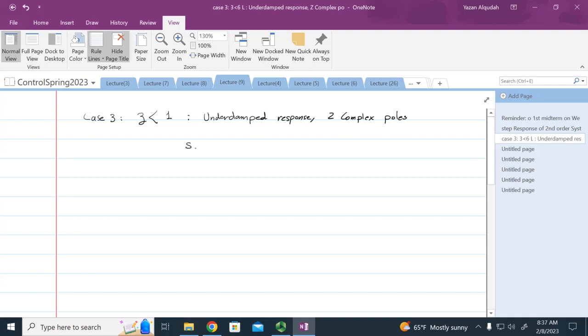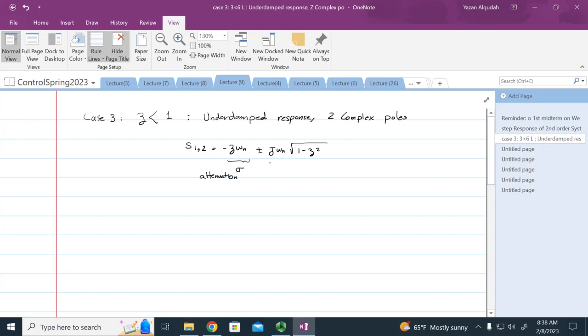So if we have an underdamped response, we have two poles at negative zeta omega n plus or minus j omega n square root of 1 minus zeta squared. What we're going to do, first of all, is take this term, define it and call it sigma, and this represents attenuation.